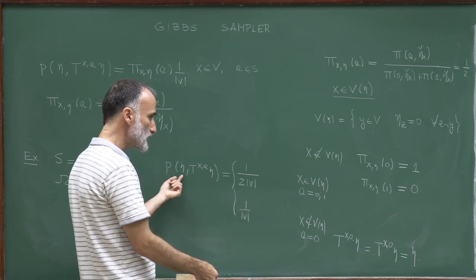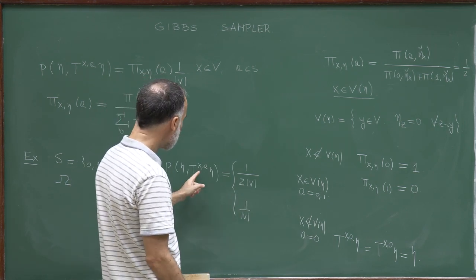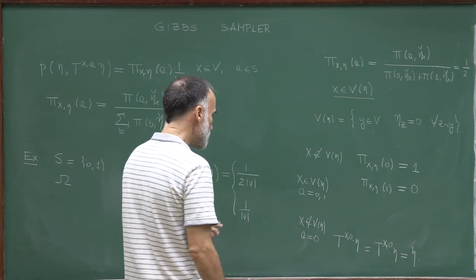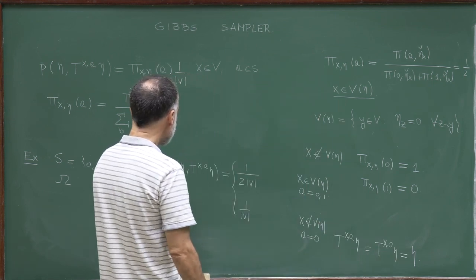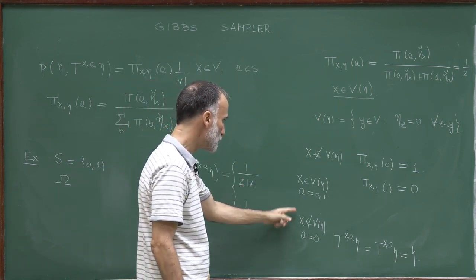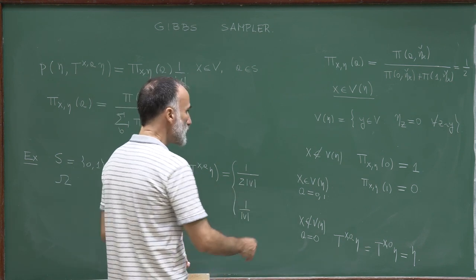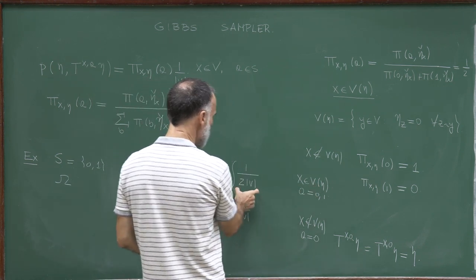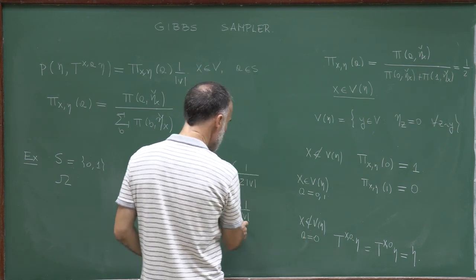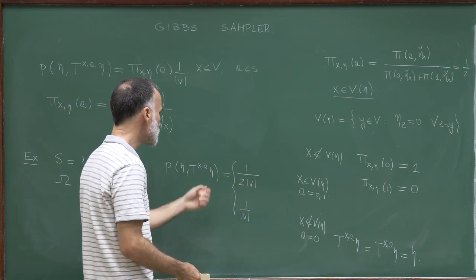This means that eta_x must be 0. So that T_x^0 is actually equal to eta. So what we get is that p_eta(T_x) will have two different values. If x belongs to V, it's 1 over 2V. If x does not belong to V, then, well, this probability is just 1.